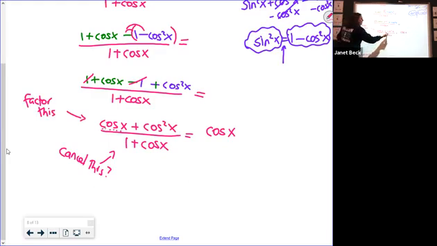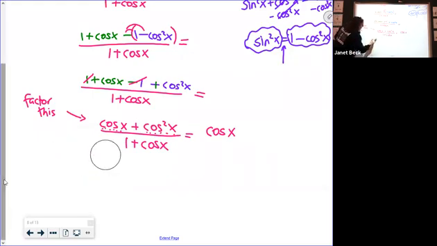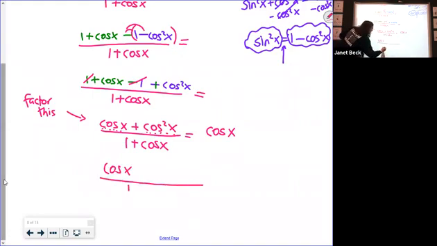Both this term and this term have got cosine of x in common, so I can factor that out. So in the numerator, I'm factoring out cosine of x. If I'm factoring it out, I pull it to the front and I divide both terms by it.